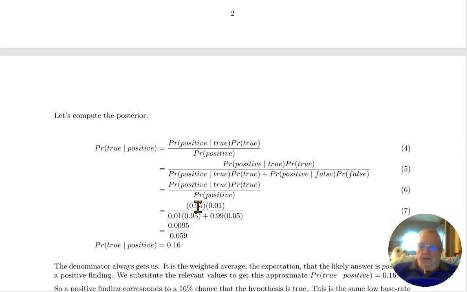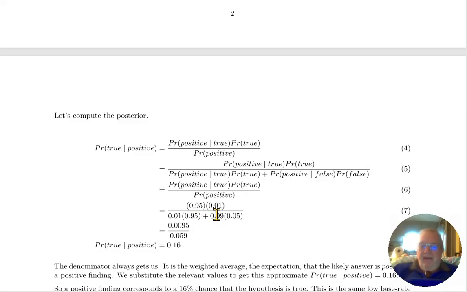95% of the time we have a positive, given that it's true. Okay, it works. We have a base rate of 1% that it is true. Very small base rate. And then here is the weighted average of base rate. Okay.